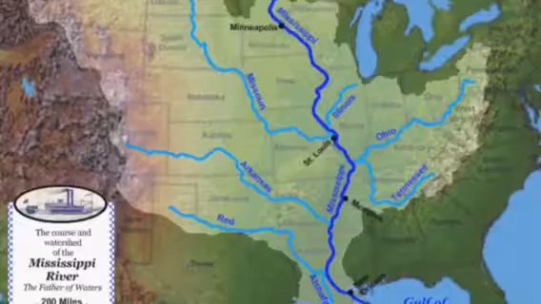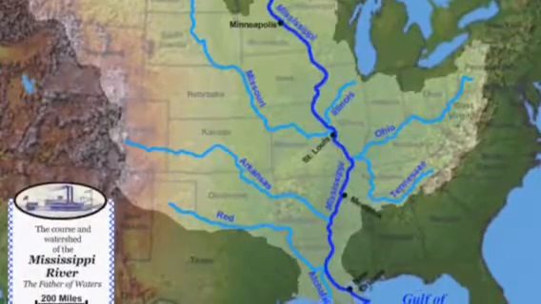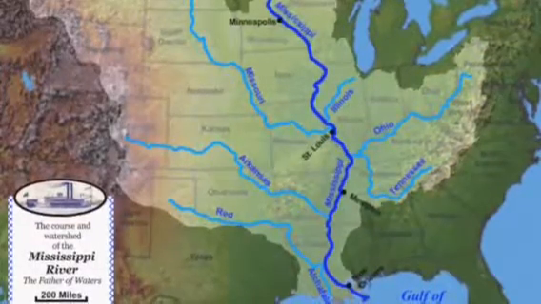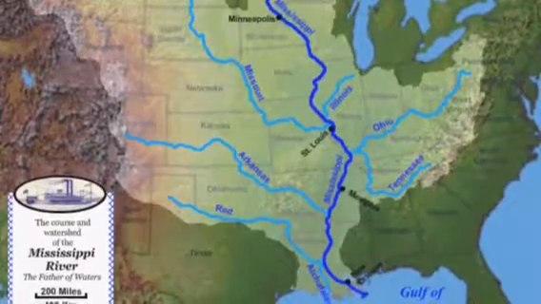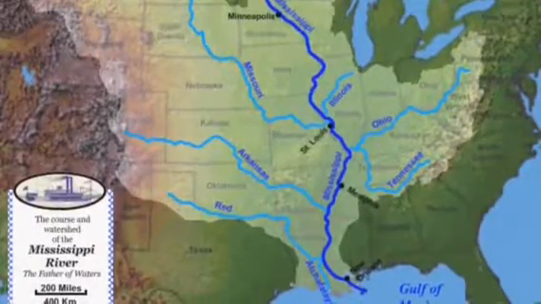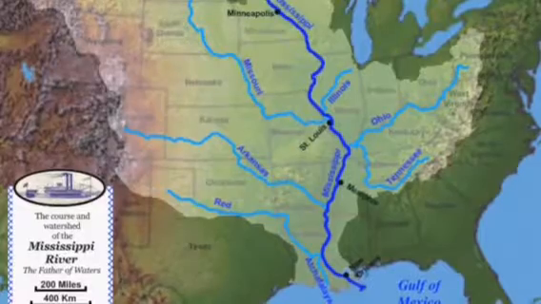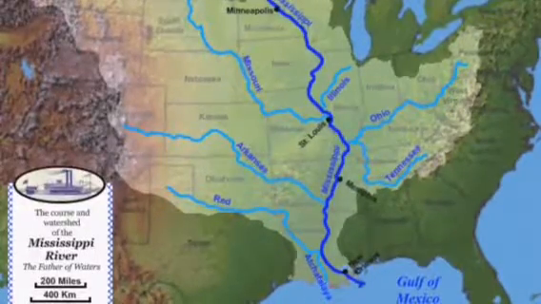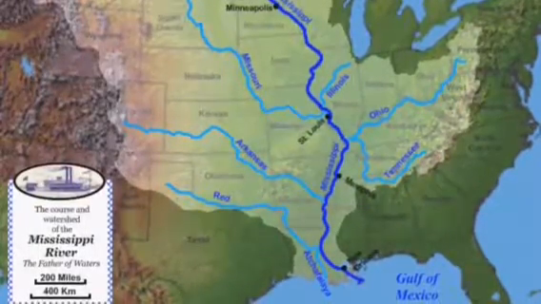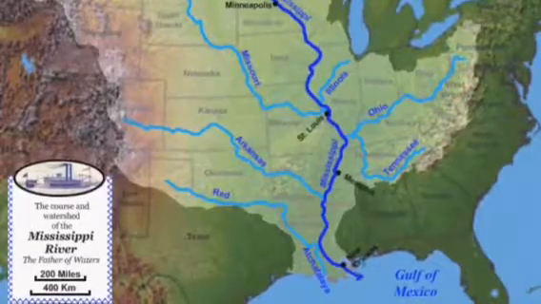The largest river in the United States is the Mississippi River. The Mississippi River starts in Minnesota and flows through the Central Plains, finally ending in the Gulf of Mexico. The tributaries of the Mississippi River are the Ohio River and the Missouri River.